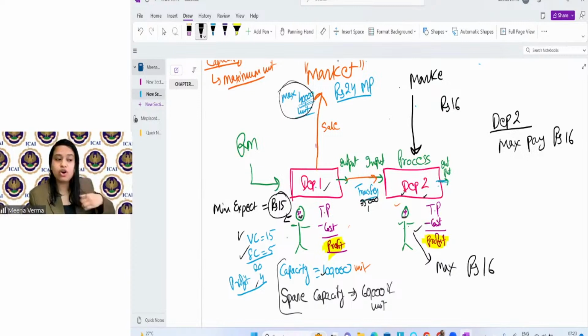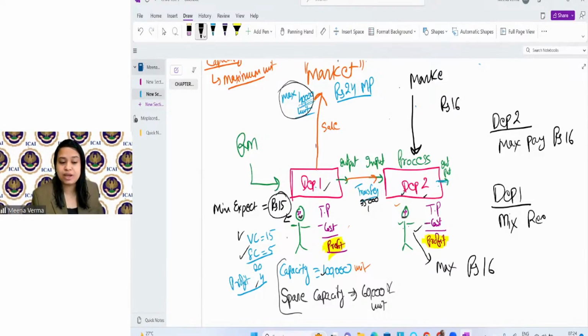I will try to convince the manager of department 1 to get the product at 16 or below this. They will negotiate. The manager of department 1 will have a minimum expectation of rupees 15. I will not go below 15.